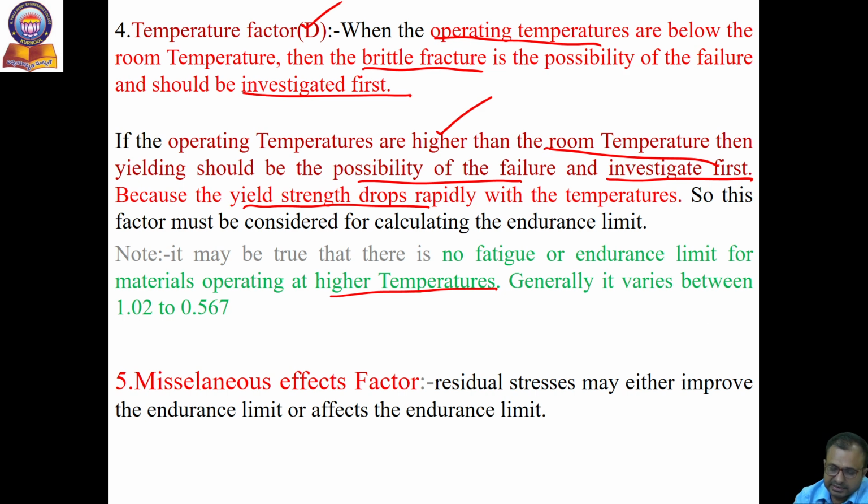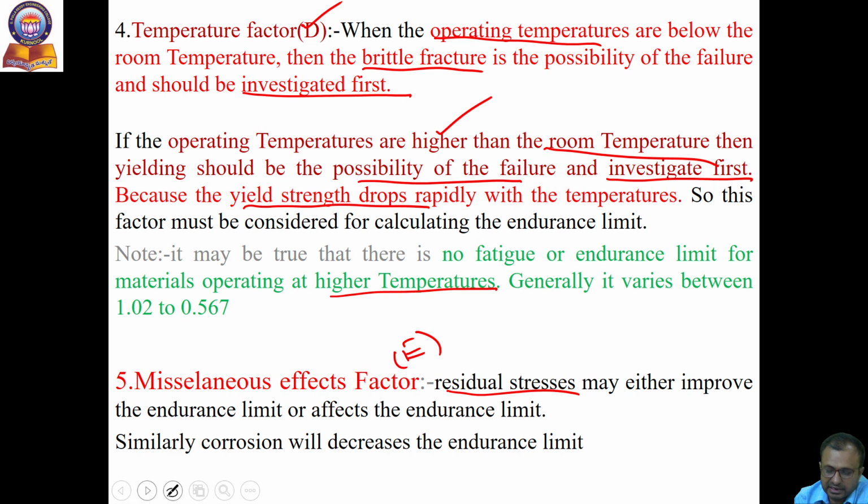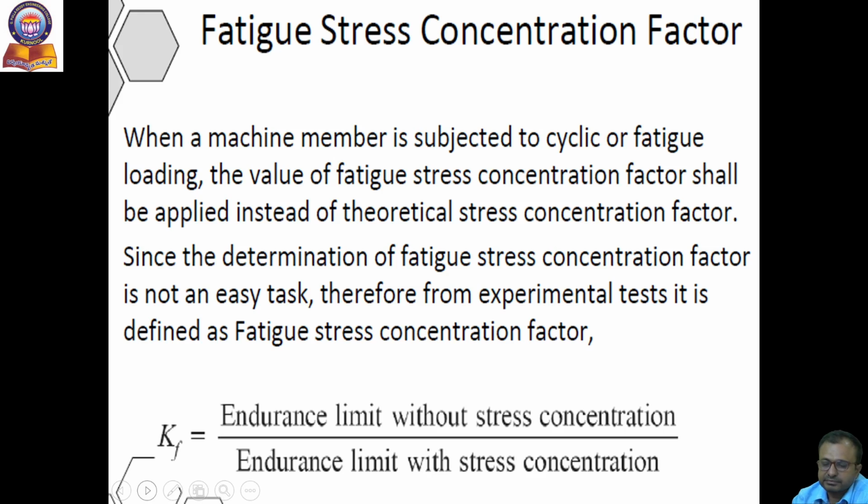The last factor is the miscellaneous factor that is shown with E, and in this miscellaneous effects we consider the residual stresses, which either improve or decrease the endurance limit. Similarly, corrosion decreases the endurance limit. So these are the modifying factors we need to consider when designing any component.